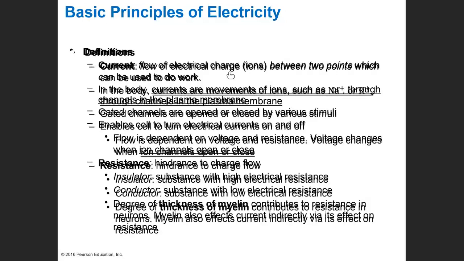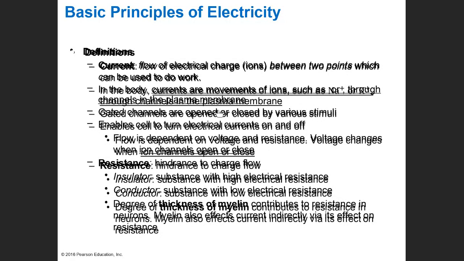Now, you can really break current down and analyze it, and there are a bunch of really complicated equations that involve looking at how voltage, current, and resistance, which is our third term, change. There's a lot of mathematics involved in that. But for our purposes, we're just going to know that current refers to the flow of ions, or the flow of electrical charge across the membrane.